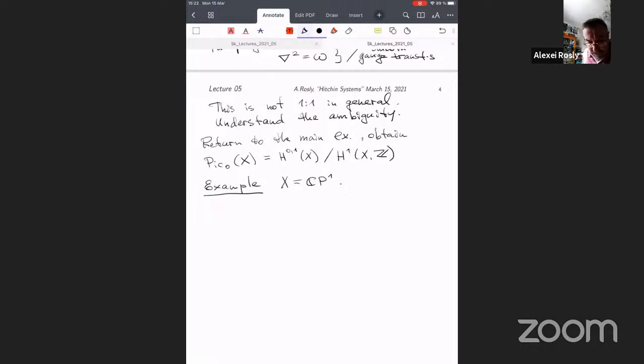All line bundles are exhausted by the list O(k). Any line bundle is isomorphic to some O(k) for some integer k.